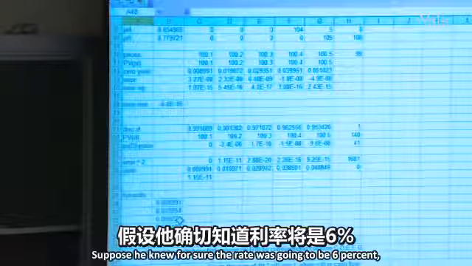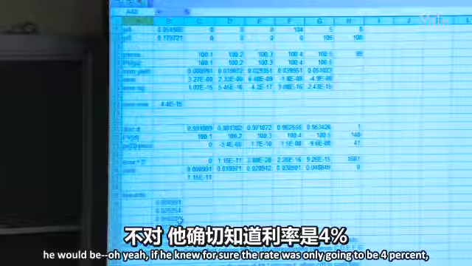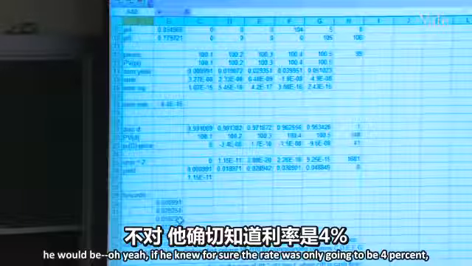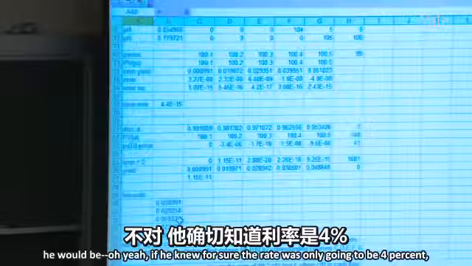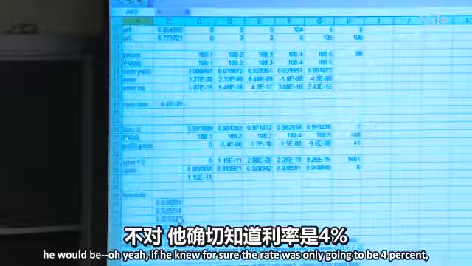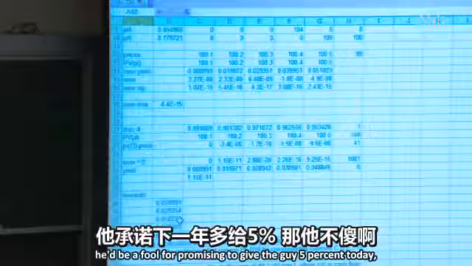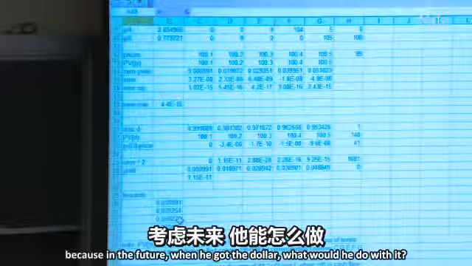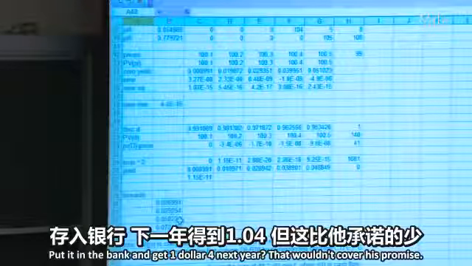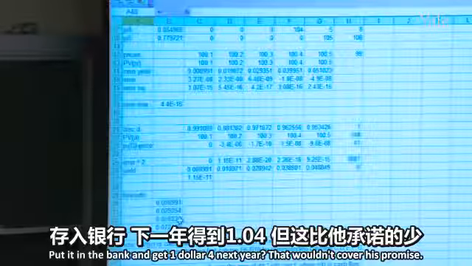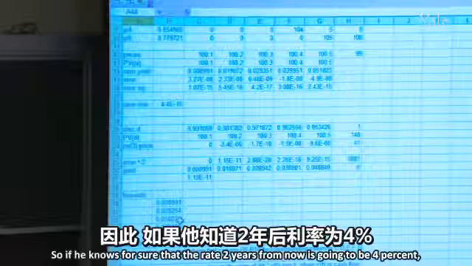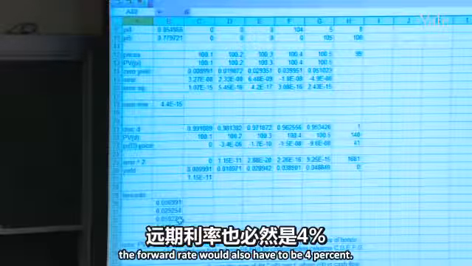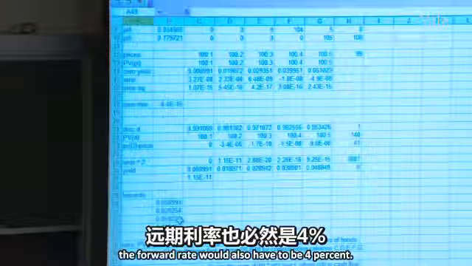Suppose he knew for sure the rate was only going to be 4%, he'd be a fool for promising to give the guy 5%, because in the future, when he got the dollar, what would he do with it? Put it in the bank and get $1.04 next year? That wouldn't cover his promise. He'd be screwed. So if he knows for sure that the rate 2 years from now is going to be 4%, the forward rate would also have to be 4%.